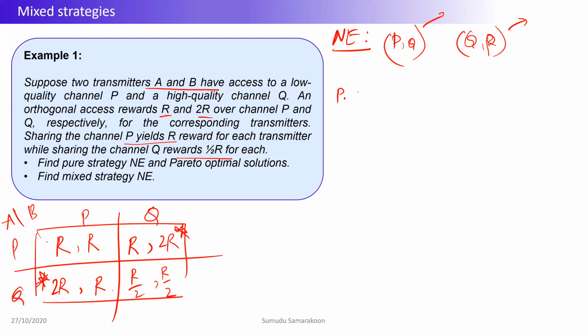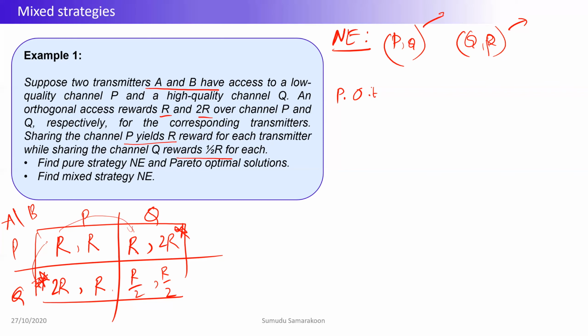Then what about Pareto optimality? Yes, here we can change without causing any losses for others. Move here, no losses for others. So this is not going to be an efficient solution.